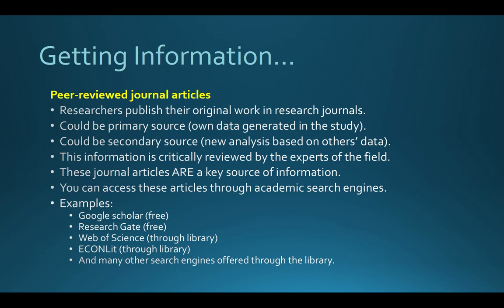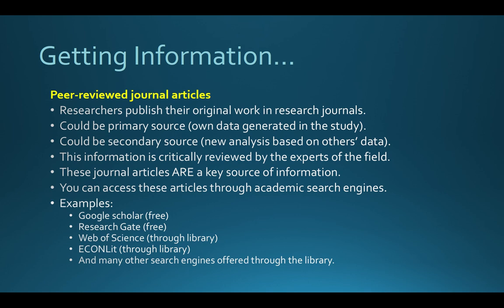For example, sometimes when I'm looking for information that would be good for a study I'm doing, I might start by going to Google Scholar, which is free, different from Google. If you've never used it, it's great. You can go to ResearchGate, where professors and other academics have put up papers that they've written, and usually you can get them without any cost.